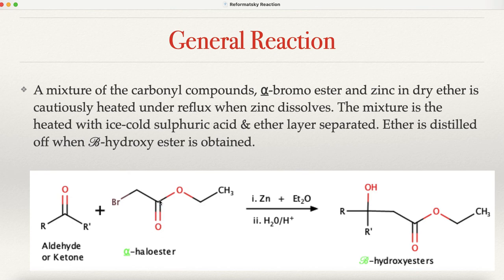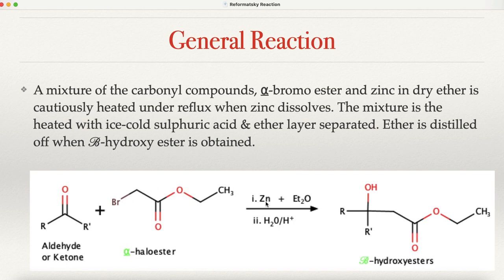Ester: the carbonyl group is attached to the oxygen, and this functional group is the ester. It is the alpha bromoester, which means this carbon is the alpha carbon, which is attached to the bromine atom, so this is the alpha bromoester.